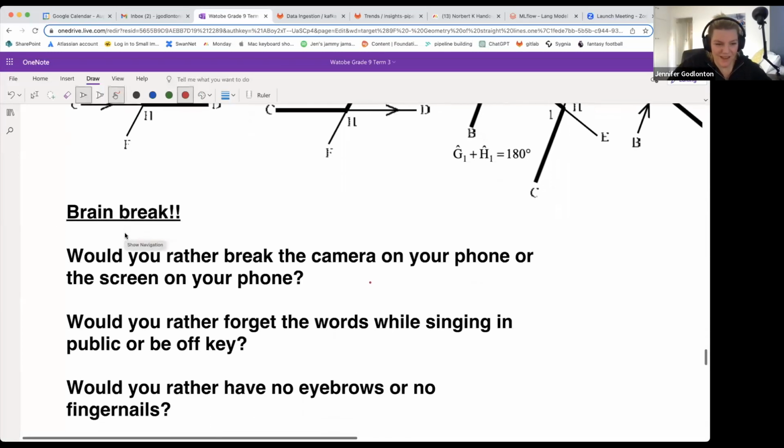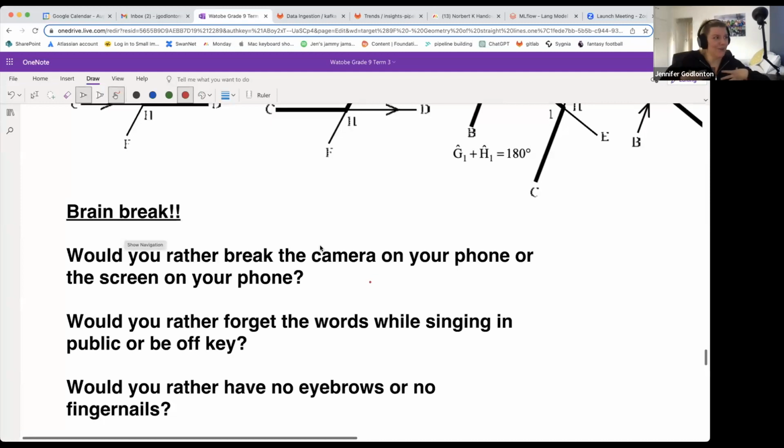Okay. Would you rather have no eyebrows like this or no fingernails? This is an easy one for me. Lissetti, I'm shook.